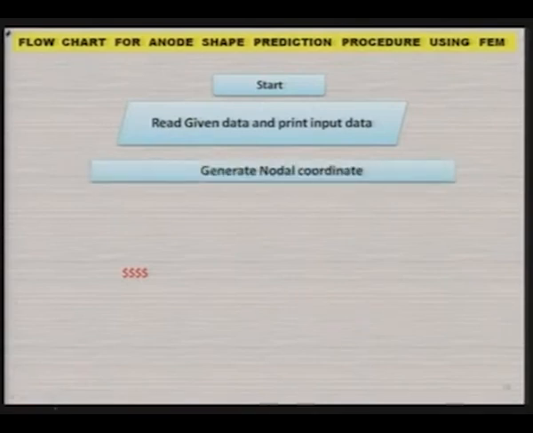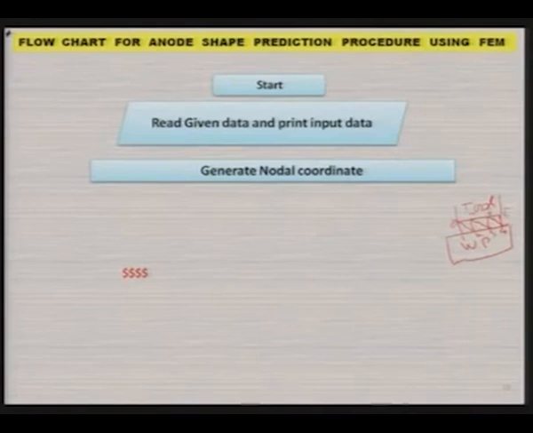Then general nodal coordinates: you have to discretize the inter-electrode gap, that is the gap between the tool and the workpiece, as I have shown earlier. You have to discretize it into different parts, like 1, 2, 3, 4, and then the coordinates of 1, 2, 3, 4, 5, 6, 7, 8 or whatever the discretization is.